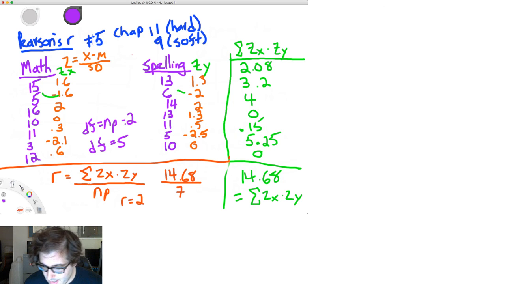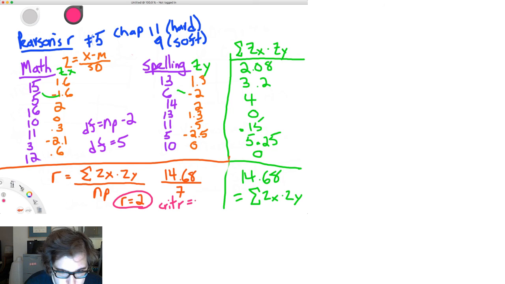So we look in the R table in the back of the book, which is table E, and you find that at 5 degrees of freedom, for an alpha level of 0.05, which is what the question asks for, the crit value equals 0.75.